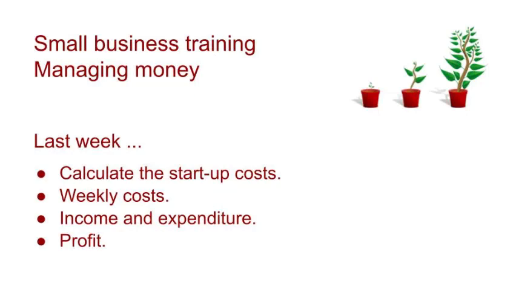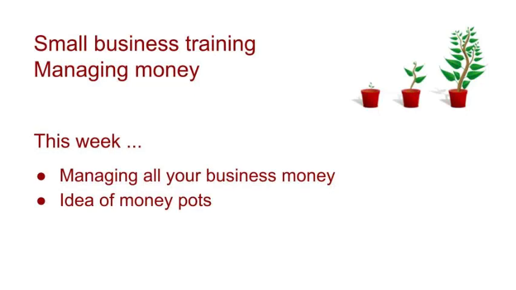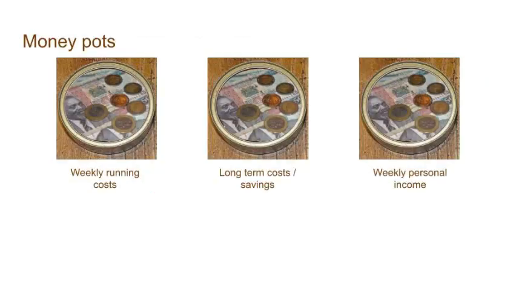So this week we're going to think a little bit more about managing your business finances, all the money that comes in and out of the business, and I'm going to introduce the idea of money pots to help you do this. So a money pot is just a pot, a tin.